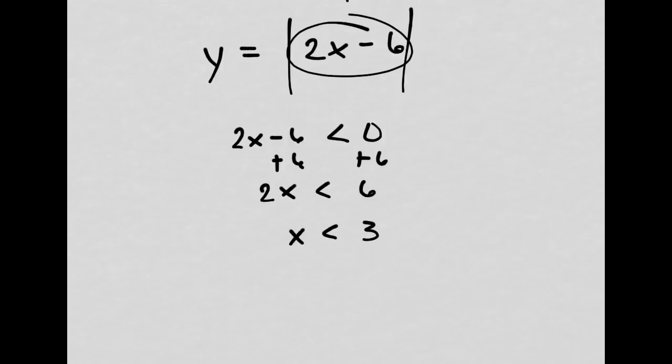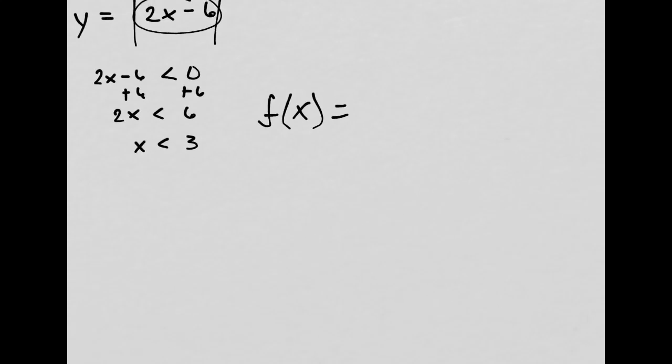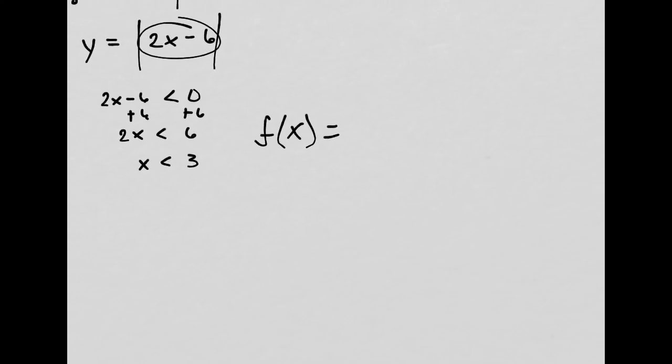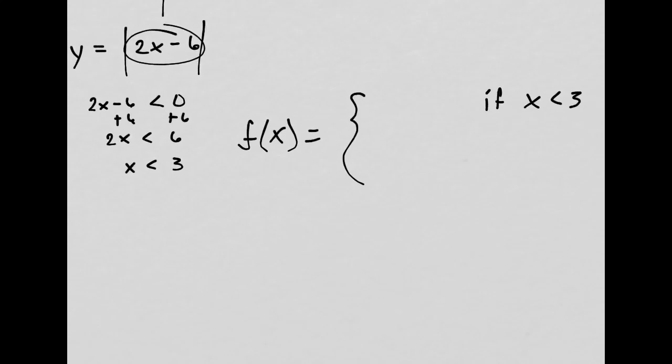Yes. All right, so I'm going to write a piecewise function. I have some kind of function for x less than 3. And the inside's negative, right? If x is less than 3, the inside is negative, correct? Then the absolute value changes it to a positive, yes?